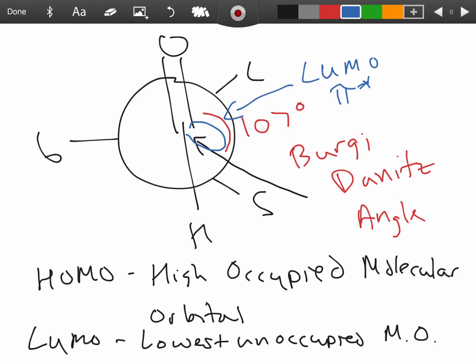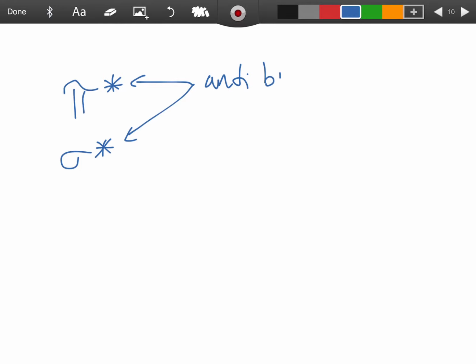So when you ever see pi star or sigma star, the star means that's the anti-bonding orbital.